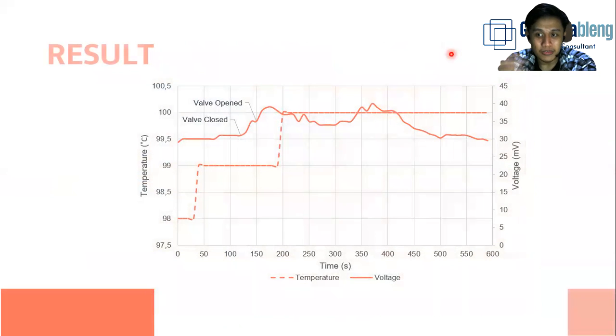And here the result: the voltage is initially steady at 13 millivolt. This is the temperature and this is the voltage. When the valve is closed, it goes up to 39 millivolt, but it decreases, goes up again, and decreases again to 30 millivolt. Why is there low voltage here, but it becomes high again?